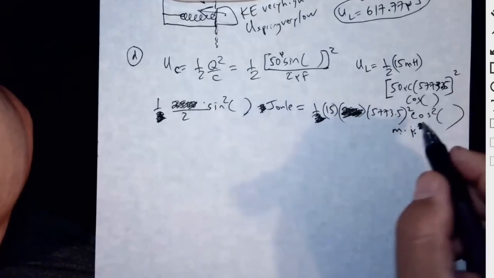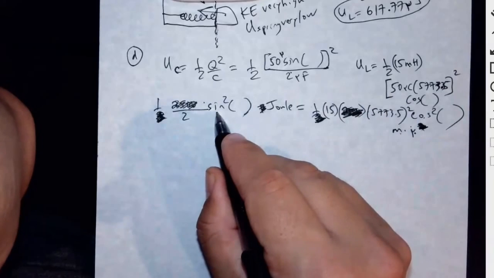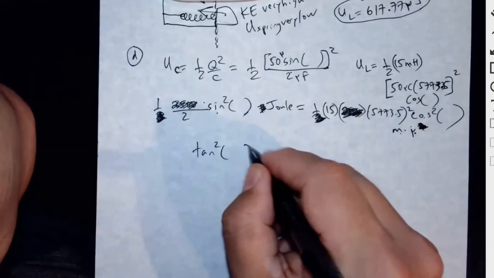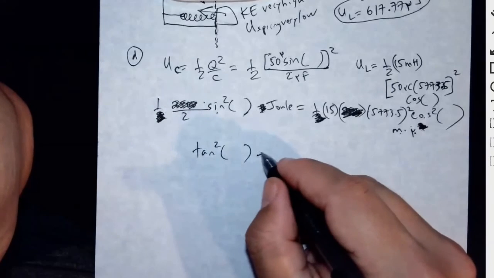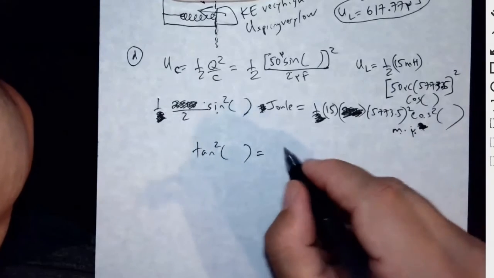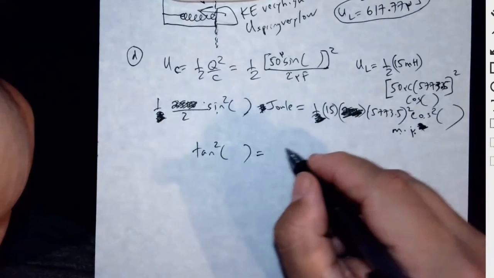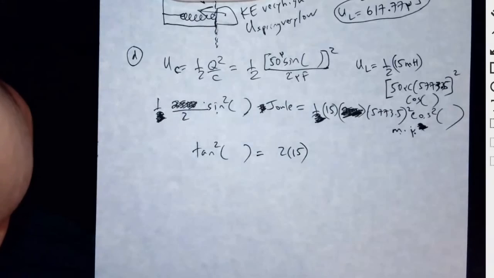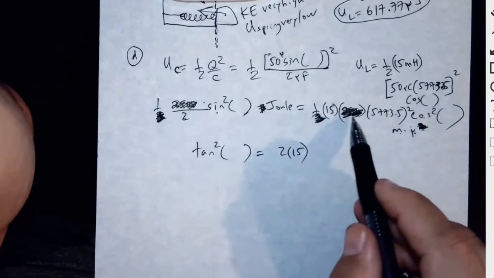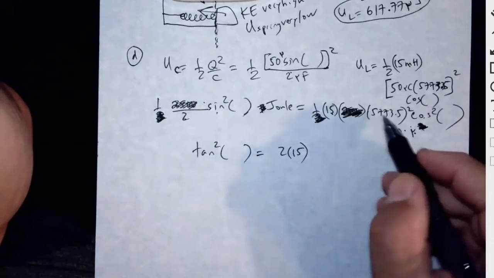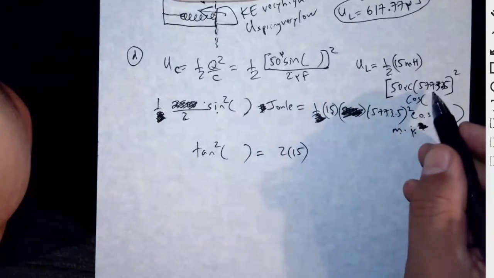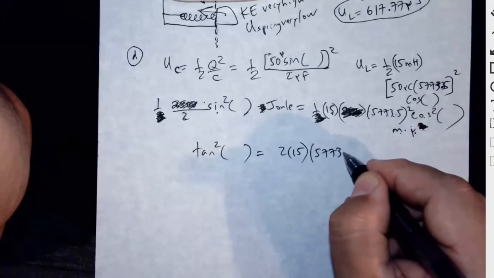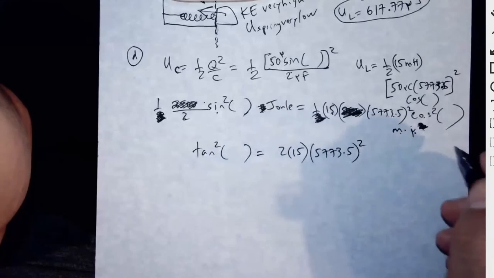Okay, so then I have cosine squared can come down here and make this tangent squared. Tangent squared of that is equal to 2 can go to the top, 2 times 15, right? 2 times 15 times this thing squared, 5773.5 squared.